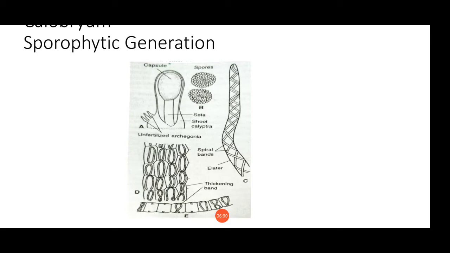The total absence of perianth, the protective sheath around the archegonia, in this order separates the order Calobriales from the Jungermanniales. So the venter cells divide to form a protective sheath called the shoot calyptra.